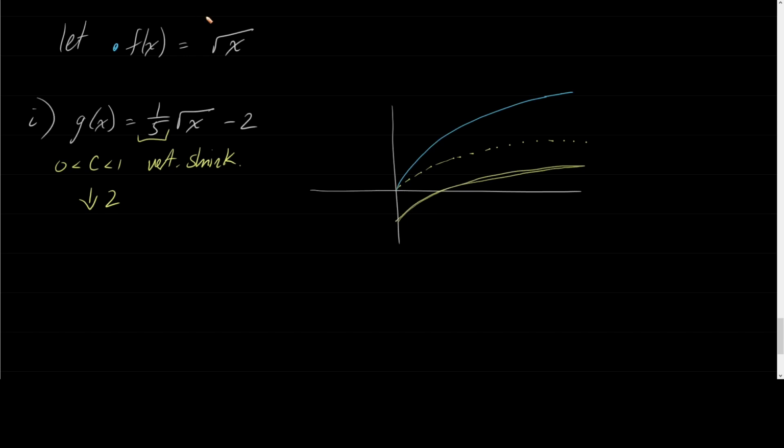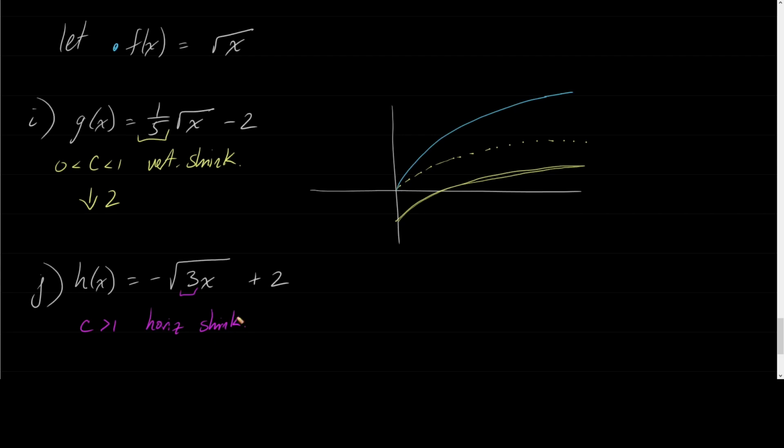All right. Next one. J. Let's say that I have h of x being equal to the negative of the square root of 3x, plus 2. And in here, our c is bigger than 1, but it's on the inside, so it's a horizontal shrink.